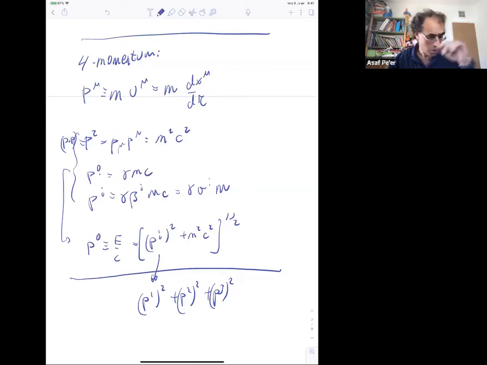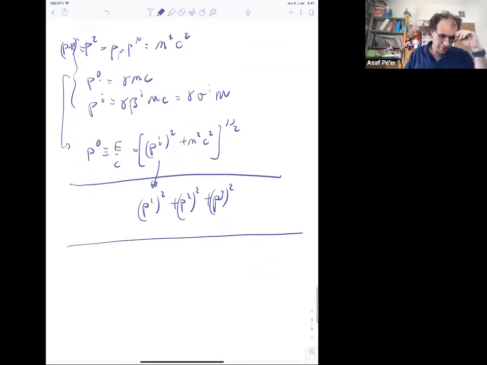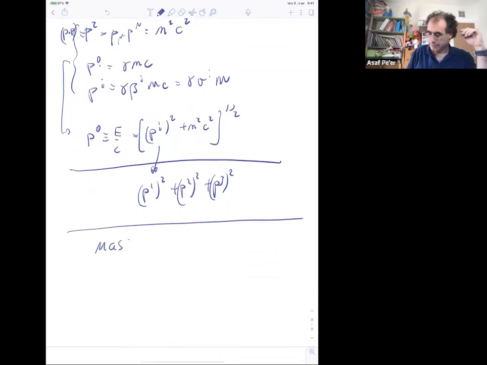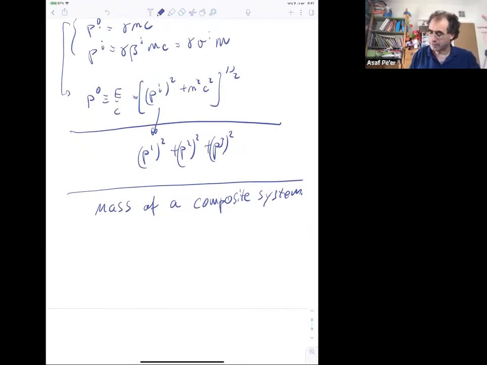Okay. Just a few more bits and then we'll finish with that. So, the mass of a composite system. Let's say we have a system that contains 2 particles. I have 2 momenta, so a 2 particle system: P1^μ and P2^μ.